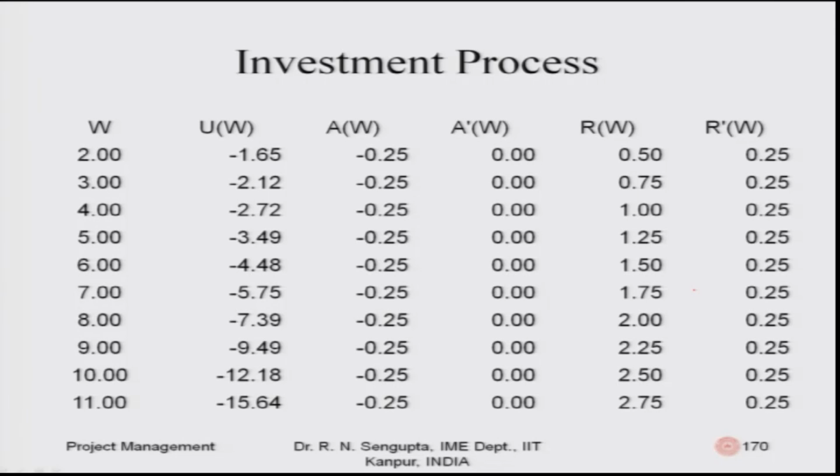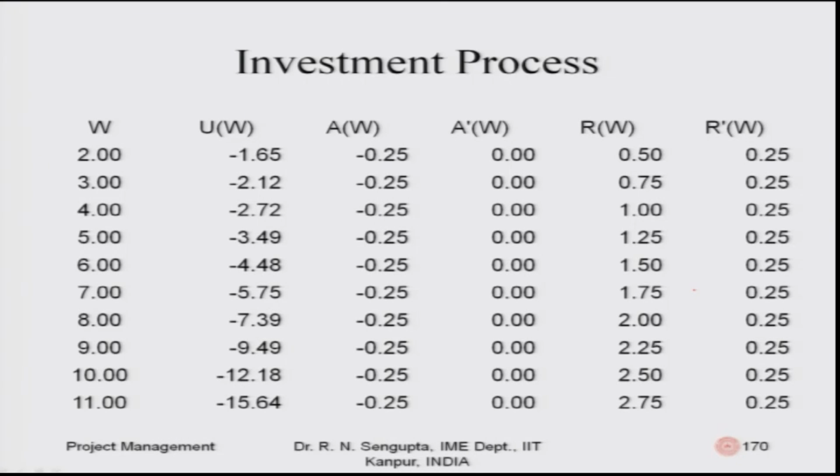You do the calculation, which is U prime and U double prime. Based on that, you find out the third column shown in this slide, which is the 170th slide, which is A, then you have A prime. If you see, A primes are all 0, as just mentioned in the last slide.